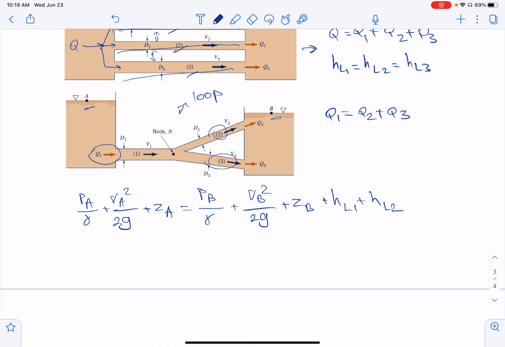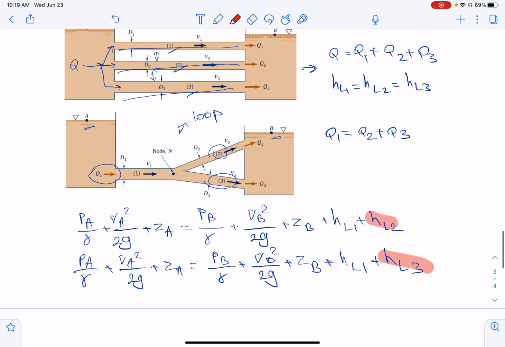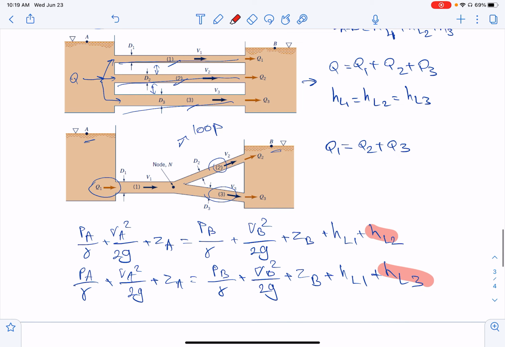So another way that we can describe it is PA over gamma plus VA squared over 2g plus ZA equal to PB over gamma plus VB squared over 2g plus ZB plus HL1, and then here we can also write it down as HL3. So the only term that is different is these two, and this is actually the same. So this is how we can write it down. We are going to solve some questions on it in the office hours.